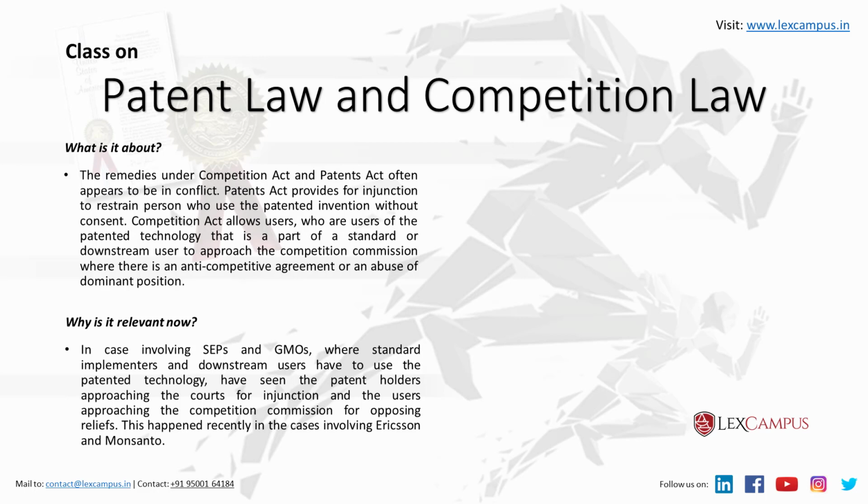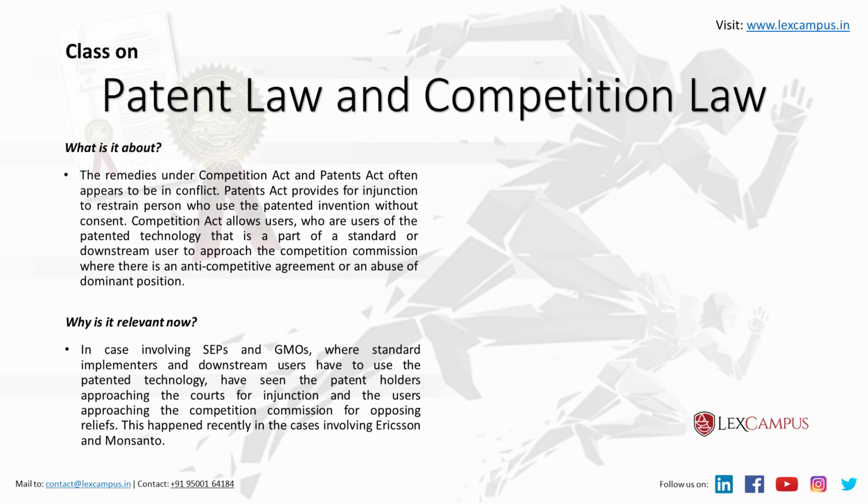Similarly, when it comes to genetically modified seeds, you again have a situation where there will be people who develop new varieties using these seeds, or whom we call downstream users, who have to use these technologies.